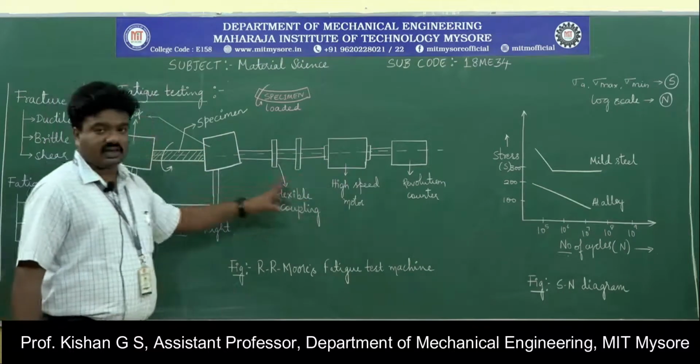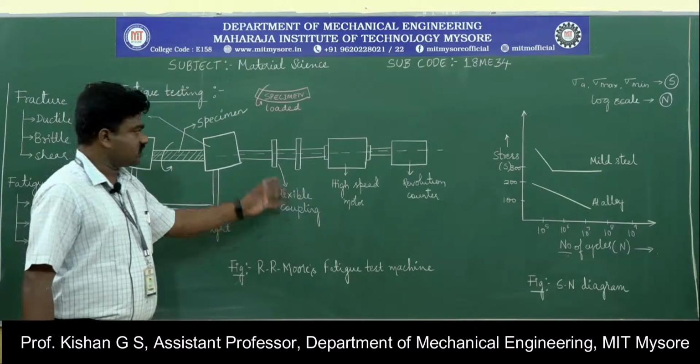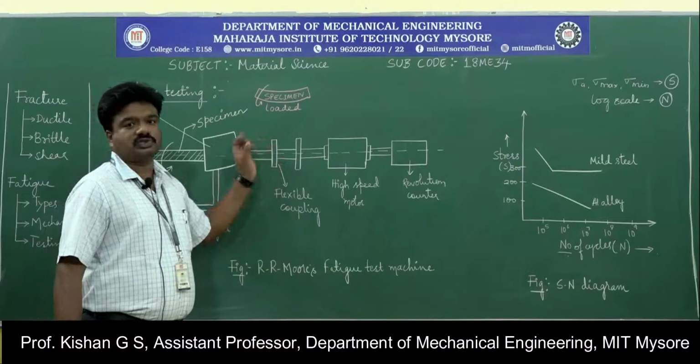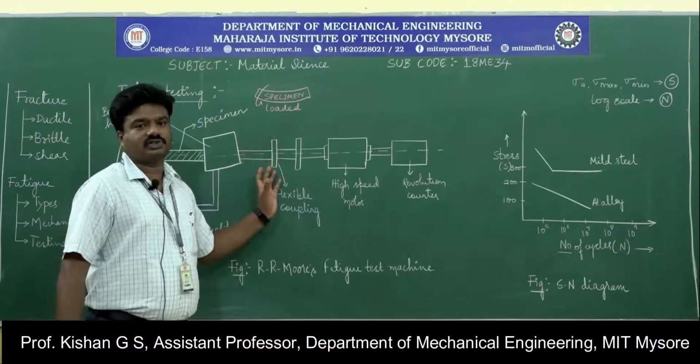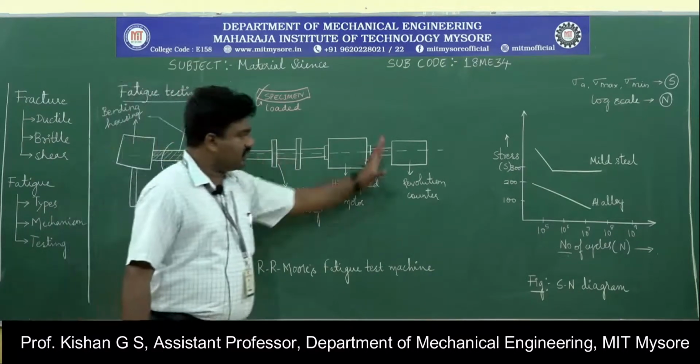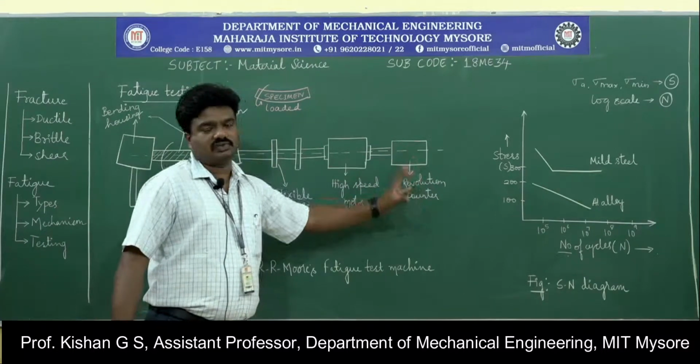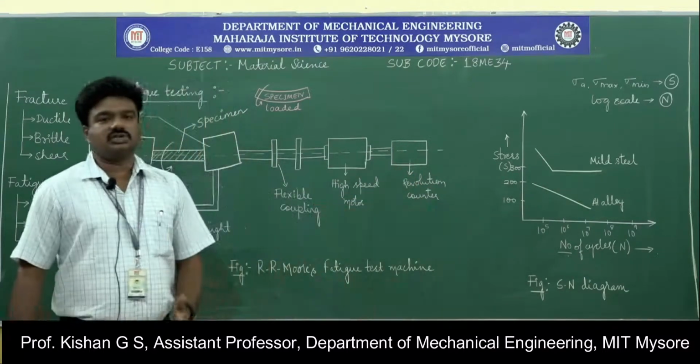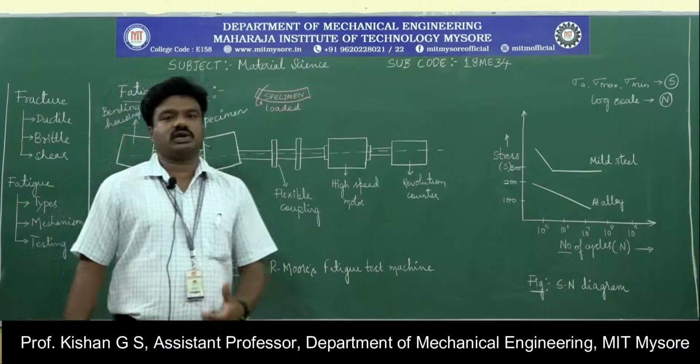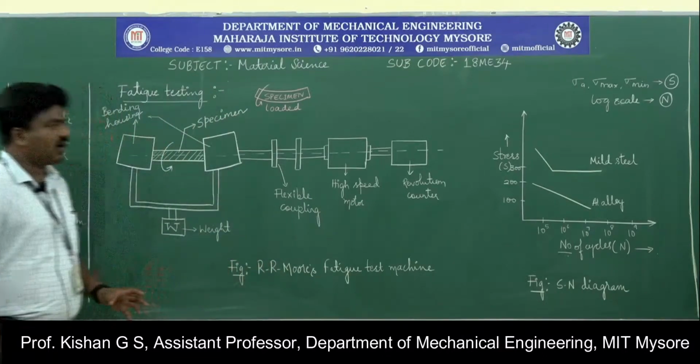The specimen with the bearing housing platforms is fixed such that its axis of rotation is the same as the axis of rotation of the high-speed motor. This is followed by a flexible coupling that retains the axis of rotation of the specimen, and at the end the revolution counter, which measures the RPM at which the motor is running.